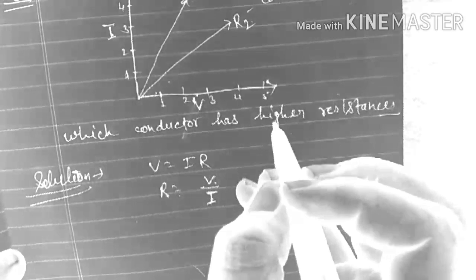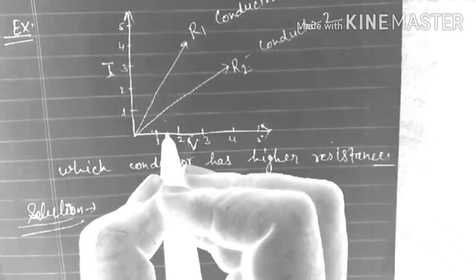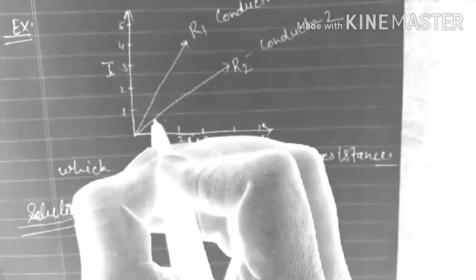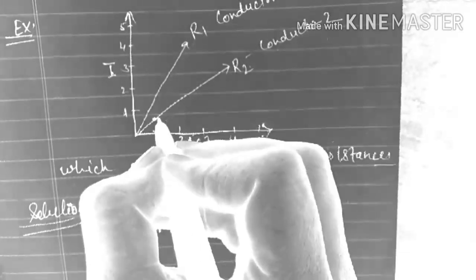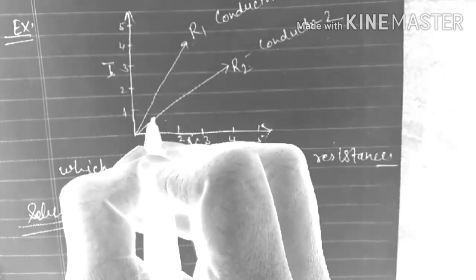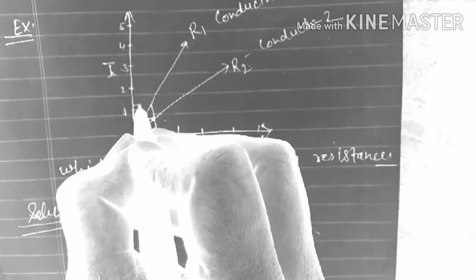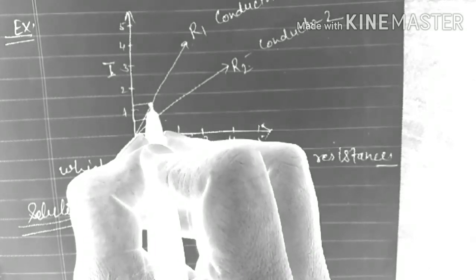Now if we keep the voltage constant, let us consider this is our voltage, this is our current for resistance R2, and this is our current for resistance R1.